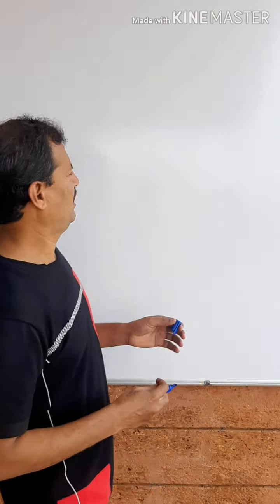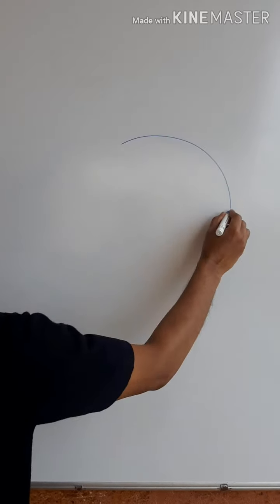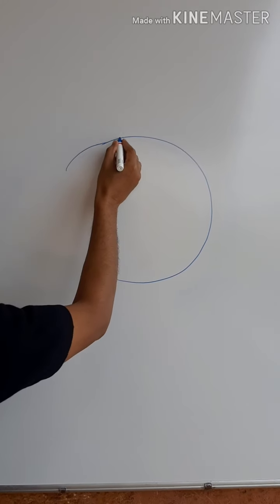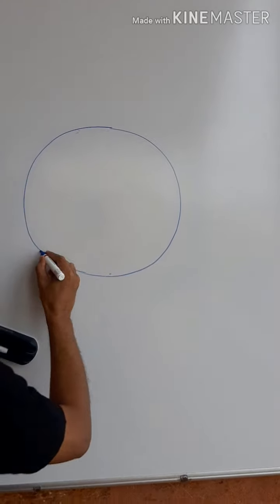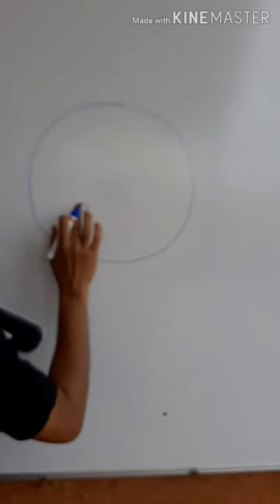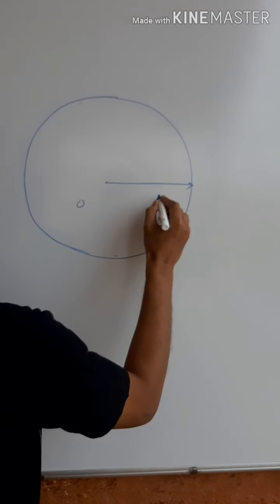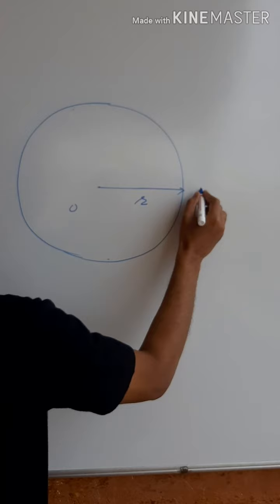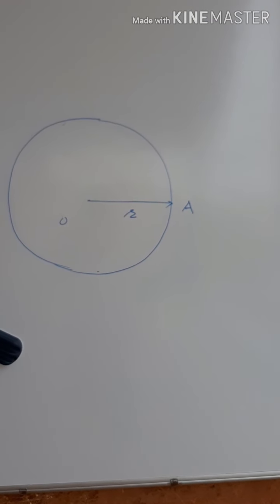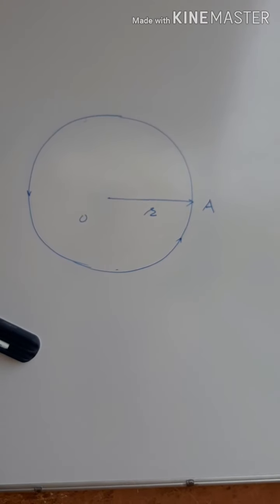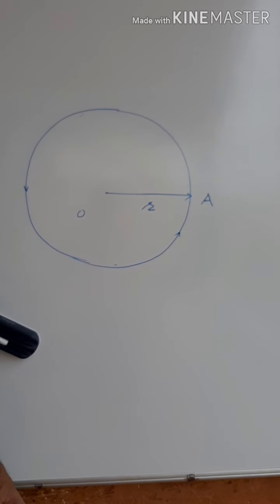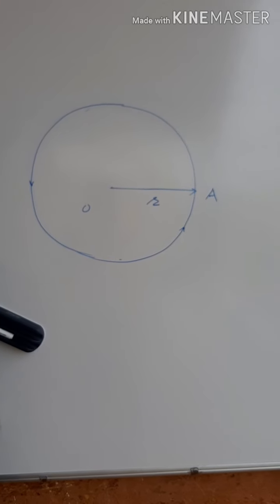For the direction of radial or centripetal acceleration in UCM, consider a particle performing uniform circular motion with center O and radius R. Suppose that initially the particle is at point A. We know that UCM is an accelerated motion, and it is due to the change in direction of the linear velocity, but not magnitude.